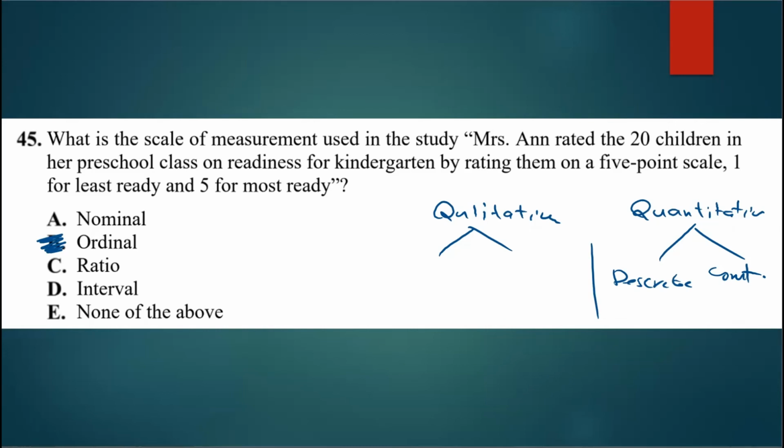If there are other data, like the size of a t-shirt, large, X large, and so on, that's qualitative but can be put in order, ordinal. If you can't put it in order, like your nationality, your color, your race, your blood type, this data is called nominal.